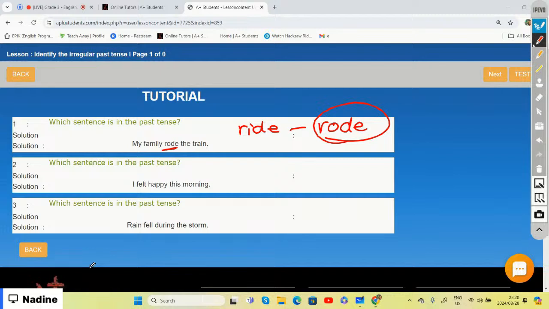All right, it says, I felt happy this morning. What is our irregular past tense? I felt happy this morning. We need to identify the irregular past tense verb within that sentence.